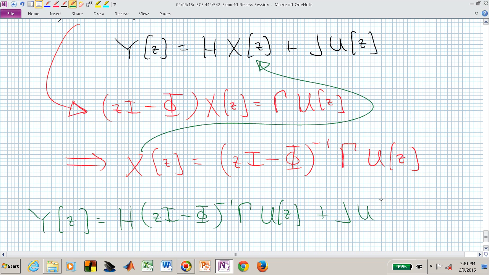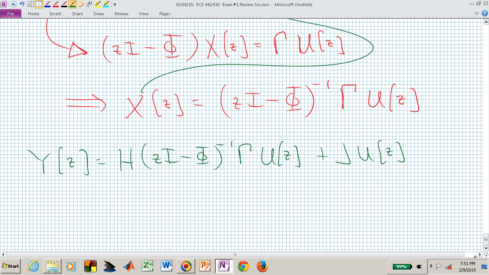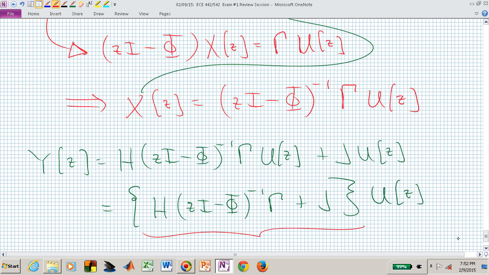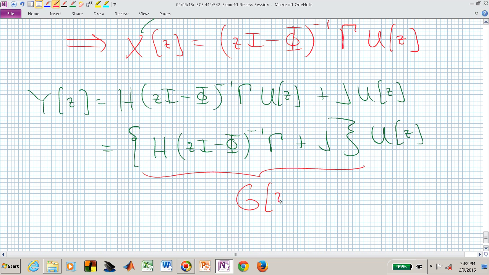And if we factor all the u's out onto the right, we have in curly braces h zi minus phi inverse gamma plus j, where this is the transfer function that I said we were going to compute.